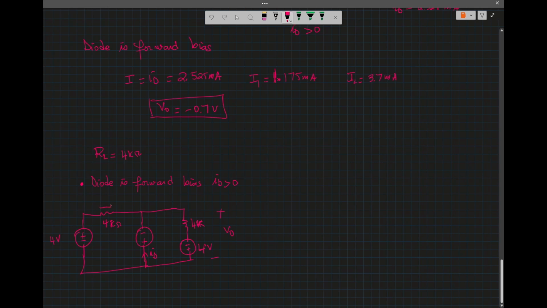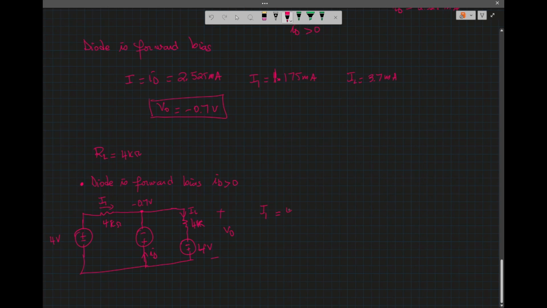So still call this I1, and call this I load. So I1 is equal to, so the voltage here will still be minus 0.7 volt.